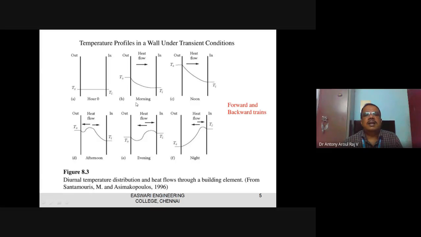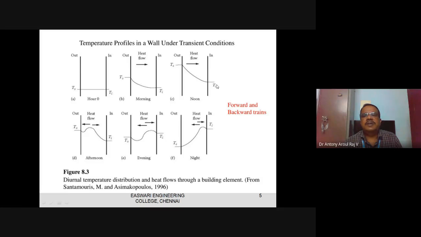On the outside surface, because of the solar radiation, the ambient temperature will increase, and the solar radiation will also be increasing. Because of that, this side shows the transient process. I told you it will be flat, and in the next time step it will go like this, and the next time step like this. In the morning it is here like this, and in the afternoon the outdoor temperature is at its peak, so I have it like this.